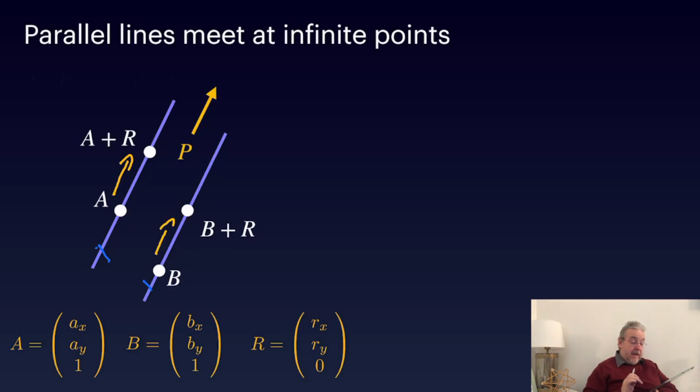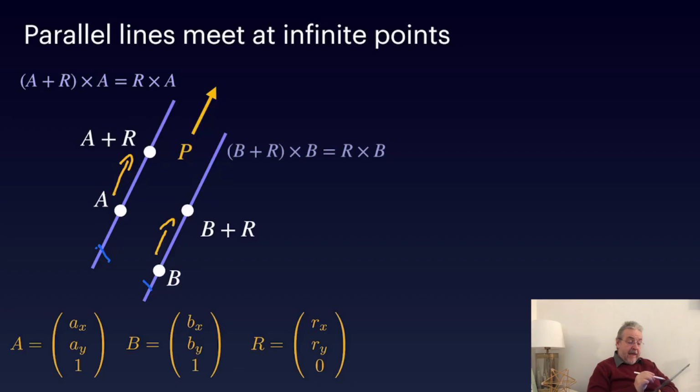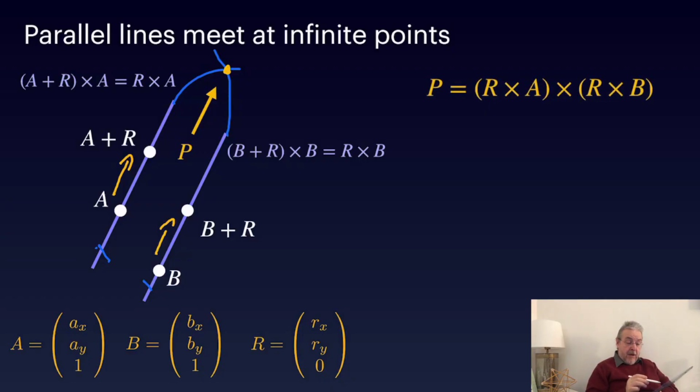Now let's do the calculations. First of all, we can calculate the join of A and A plus R. So we take A plus R times A with the vector product, and the vector product is linear, so A times A vanishes, and what's left is R times A. Similarly, the other line is B plus R times B, which is nothing else than R times B. Now we want to take the meet of those two lines and calculate this point P far out there, which is the vector product of those things.